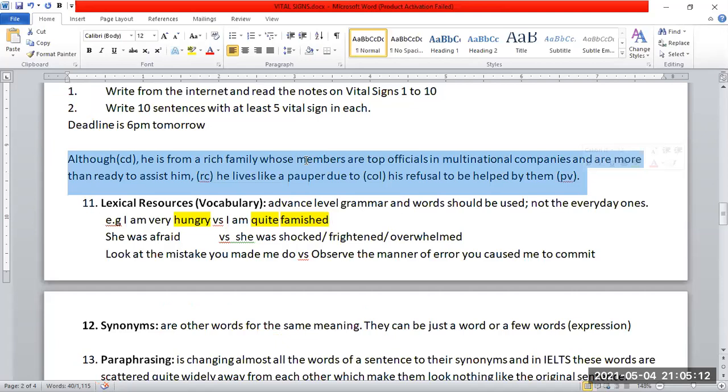I mean, not all, but at least 5 of them, starting from vital signs and question device, to subordinate clause, to gerund, to infinitive. All of that, or few of that.